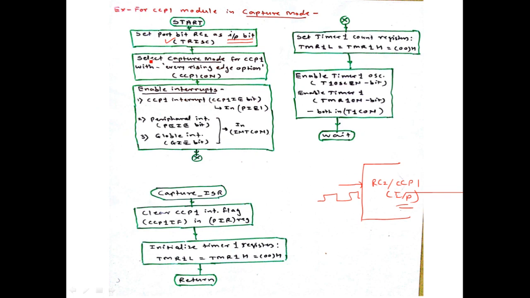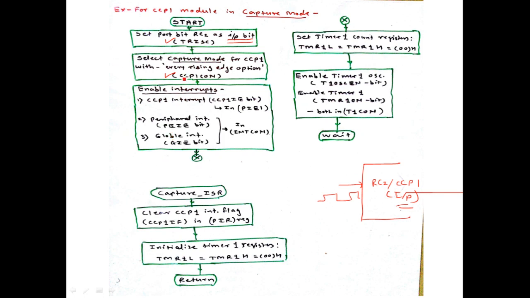Next you have to put the proper bit pattern in the CCP control register, to select the capture mode of operation. Say for example, every rising edge option, suppose you want. Then you have to enable the interrupts.